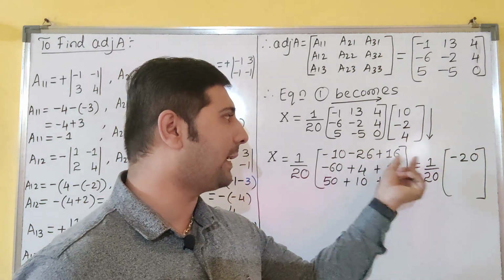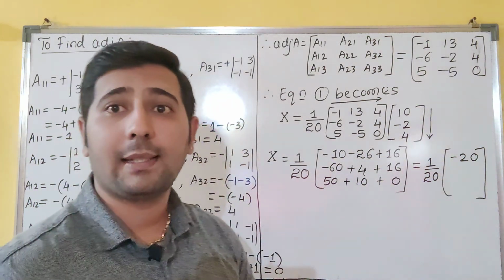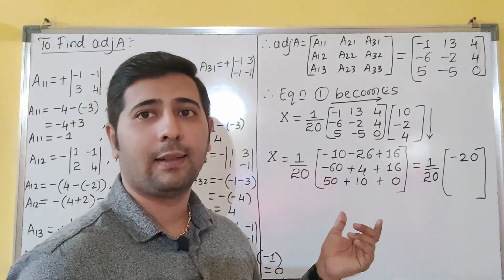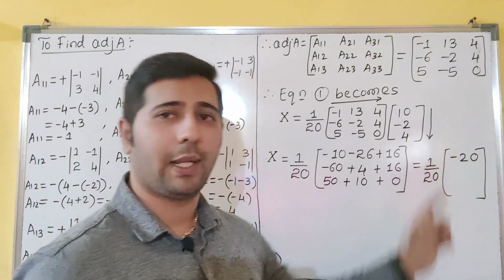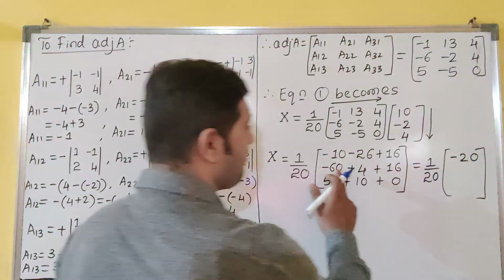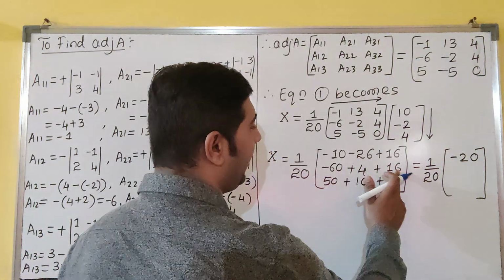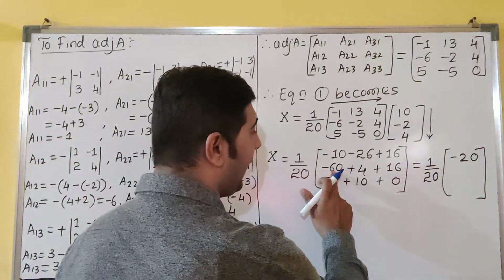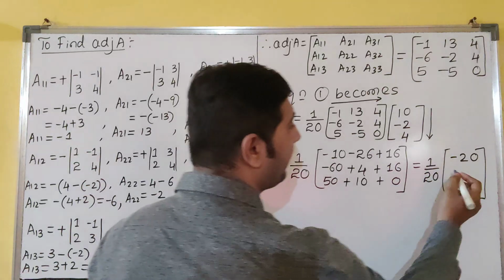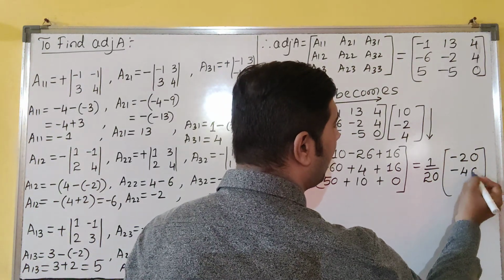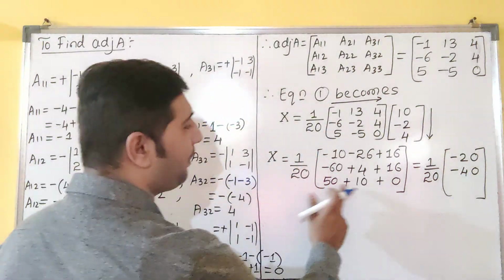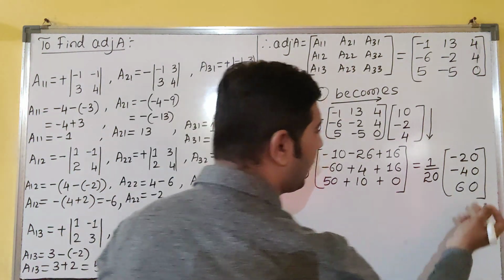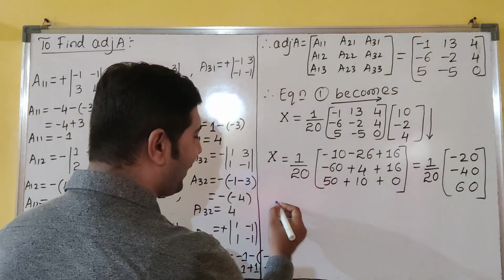Minus 36 plus 16 is minus 20. Minus 36 is greater number comparatively to 16, so greater sign remains dear students. Minus 20. 4 plus 16 is 20. Minus 60 plus 20 is minus 40 dear students. 50 plus 10 is 60. 60 plus 0 is 60. Don't write 0, otherwise you will lose the marks.